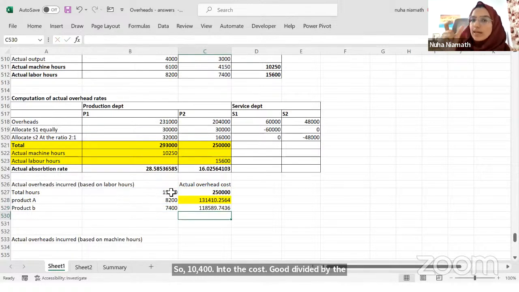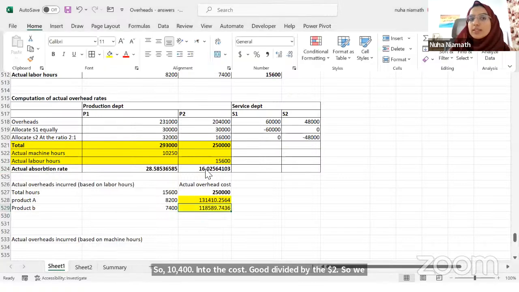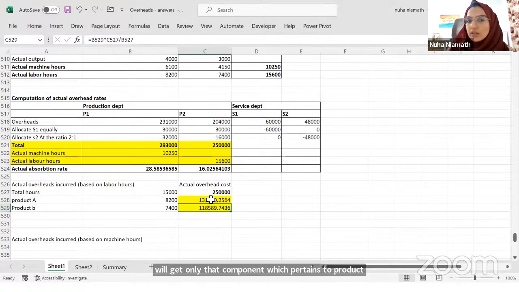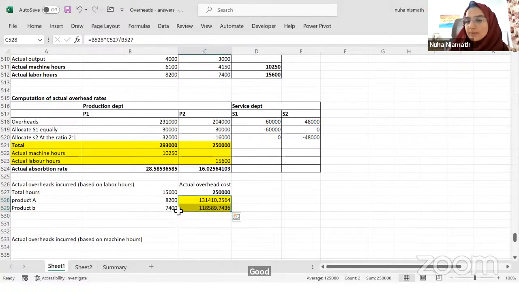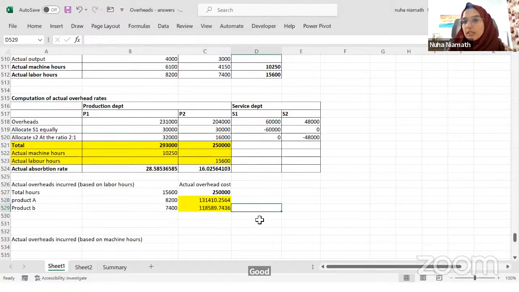So we will get only that component which pertains to product B. If you total this up, it will come to 2,50,000 only. So we are just splitting the 2,50,000 for 8,200 hours and 7,400 hours. Is it clear, or do you want me to repeat it again?